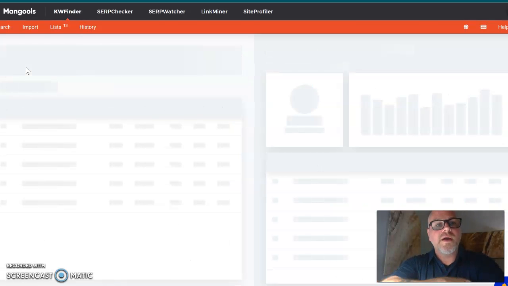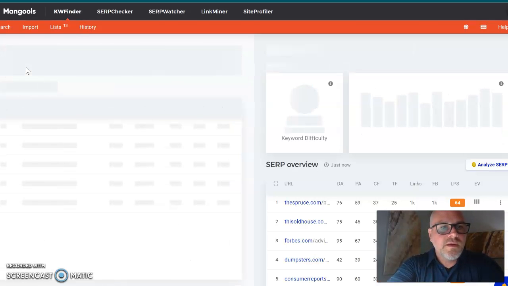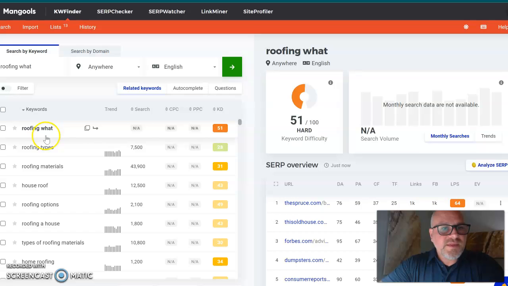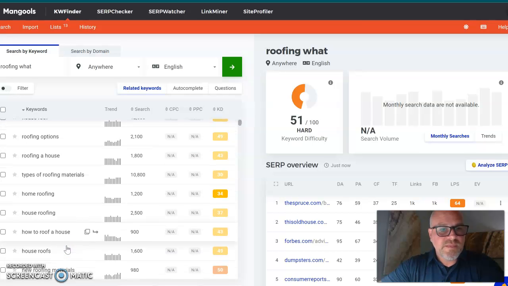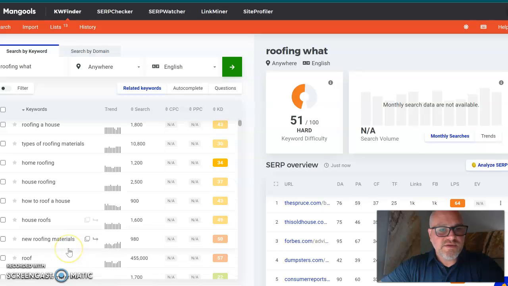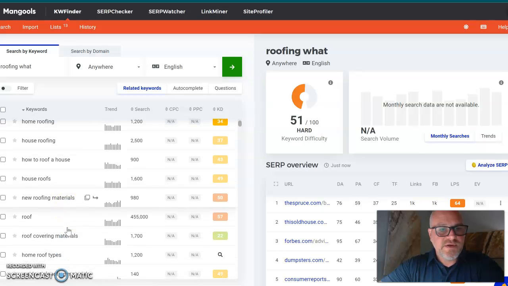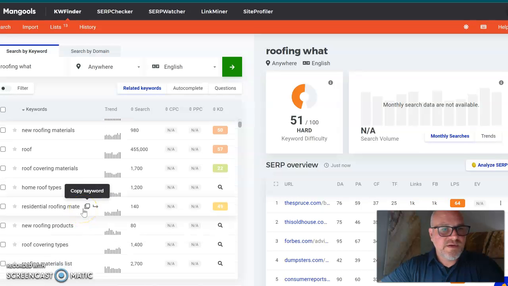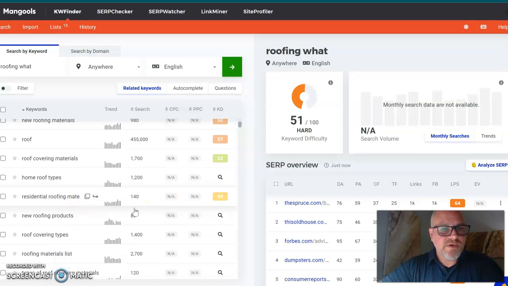So I'm going to go with what on this one. So we're talking about what kind of roofing. Yeah, roofing what is kind of a nonsensical one, so you're not going to have that. All right. How to roof a house, new roofing materials, roof covering, residential roofing materials. That's a pretty low keyword.